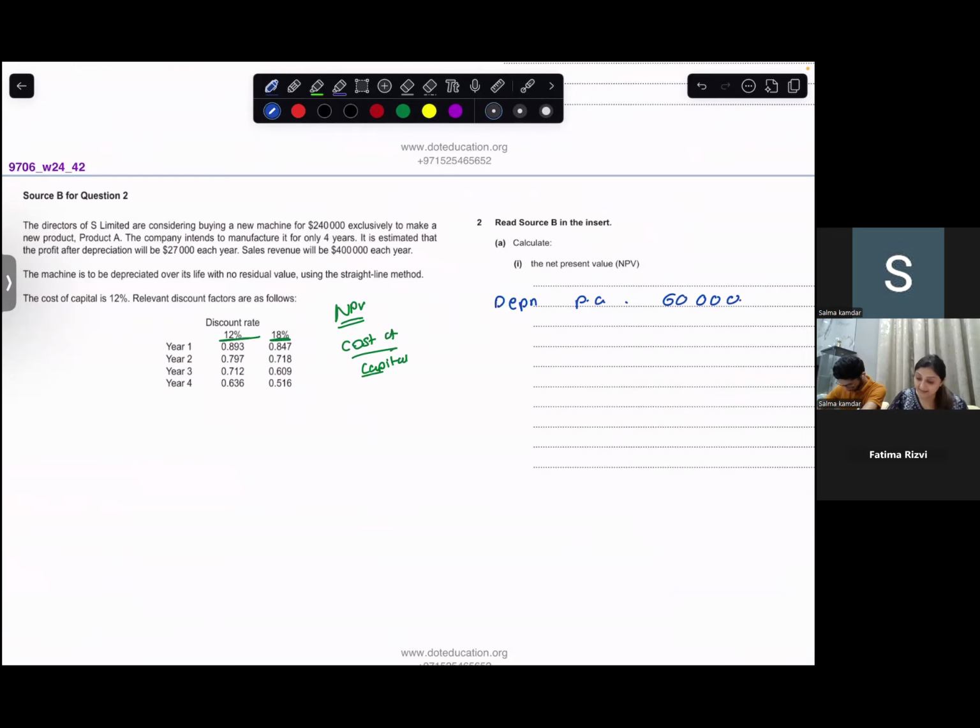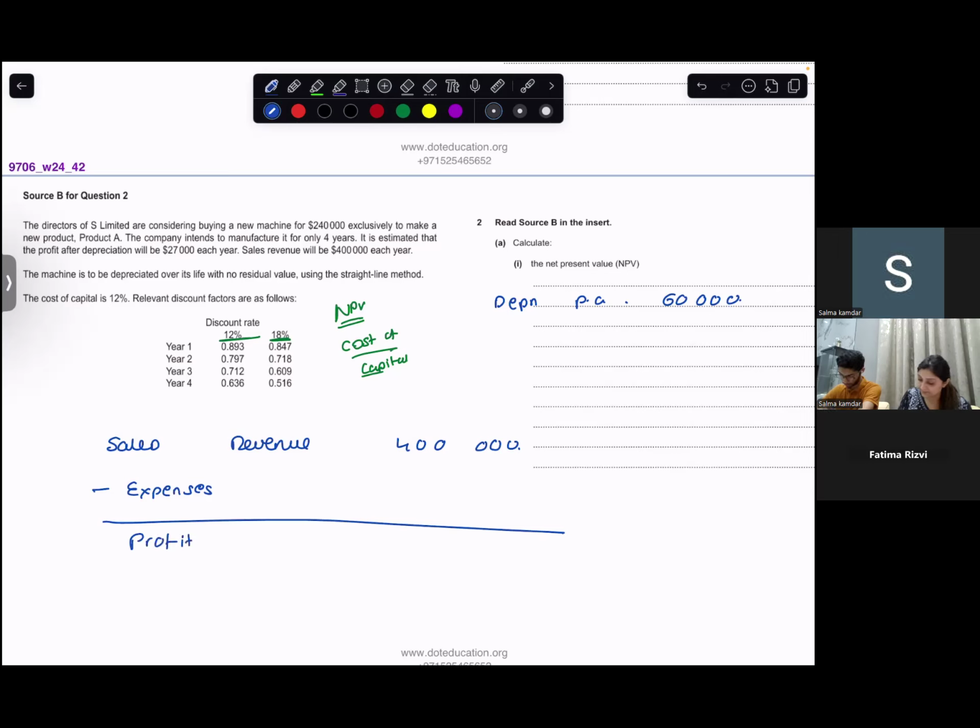The second thing is I have sales revenue. My sales revenue is 400,000. Then I have some expenses, and I am getting profit before depreciation. This is after depreciation. I'm going to minus the depreciation of 60,000. I'm going to get profit after depreciation, 27,000.